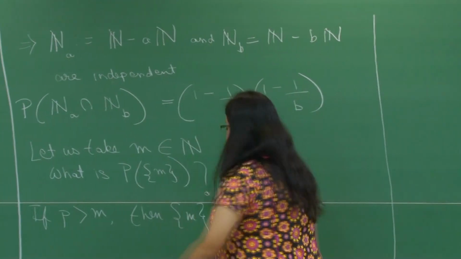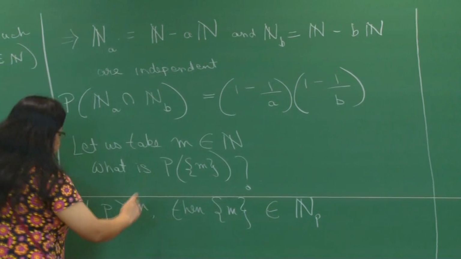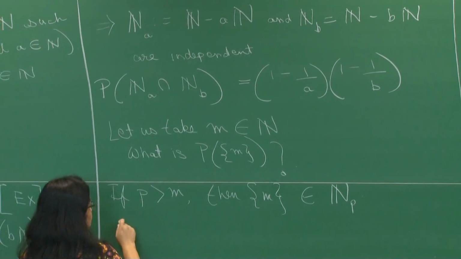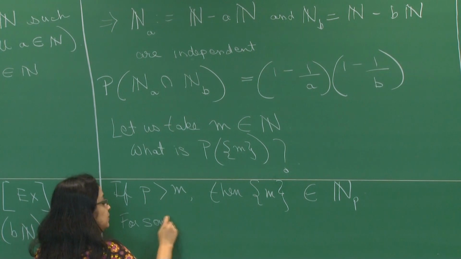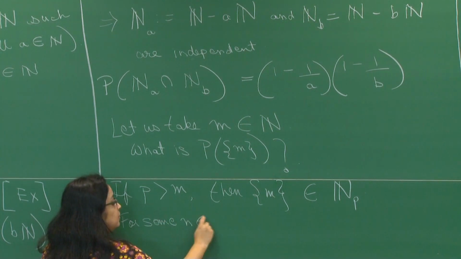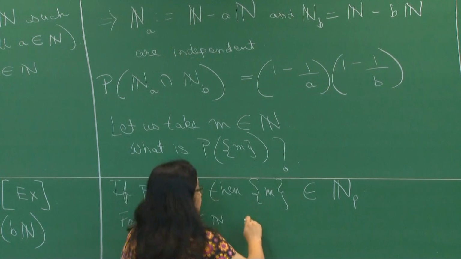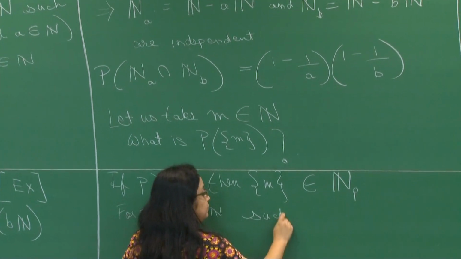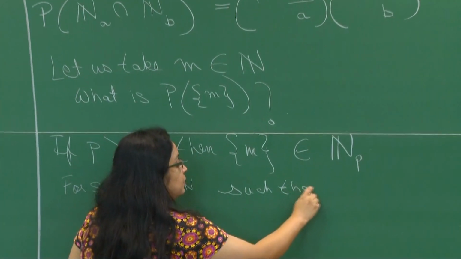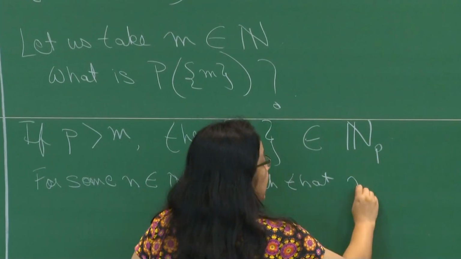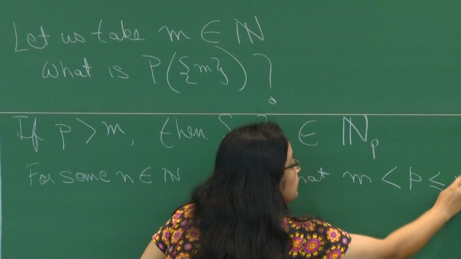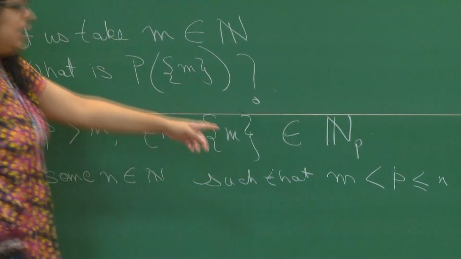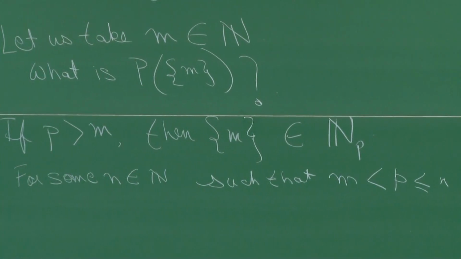So, what this means is that, for some n such that p is greater than m and p is less than or equal to little n.